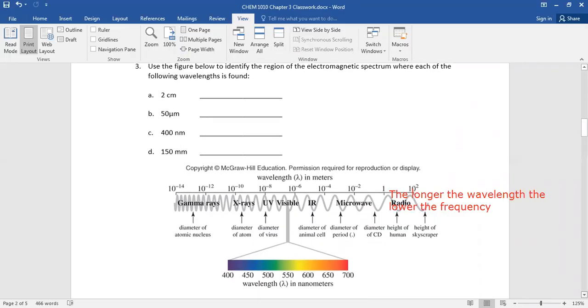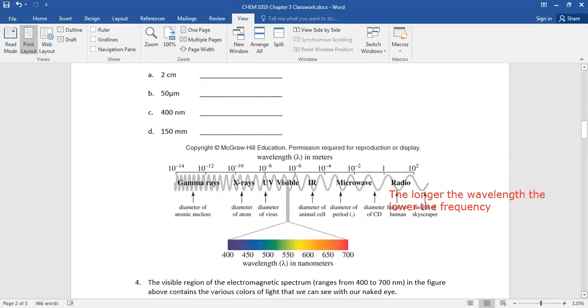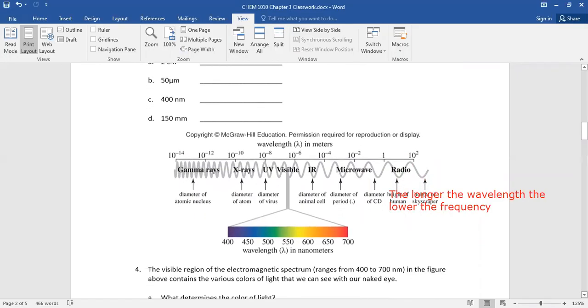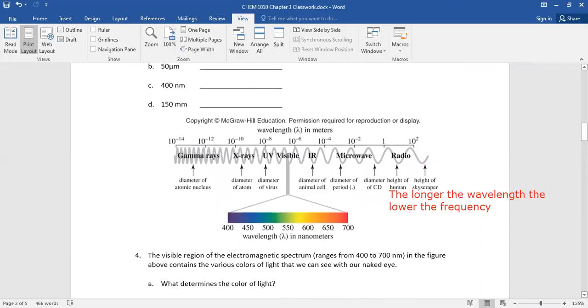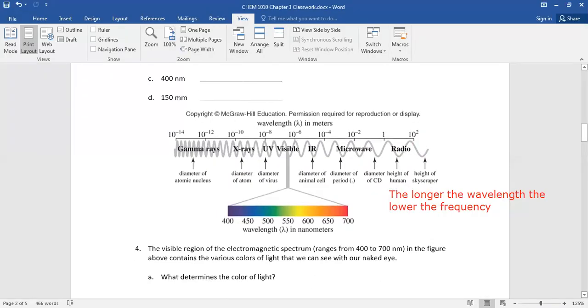So therefore, A has a longer wavelength than B. So therefore, A will have a lower frequency than B. And so you would need to complete C and D and then arrange those in order of decreasing wavelength.